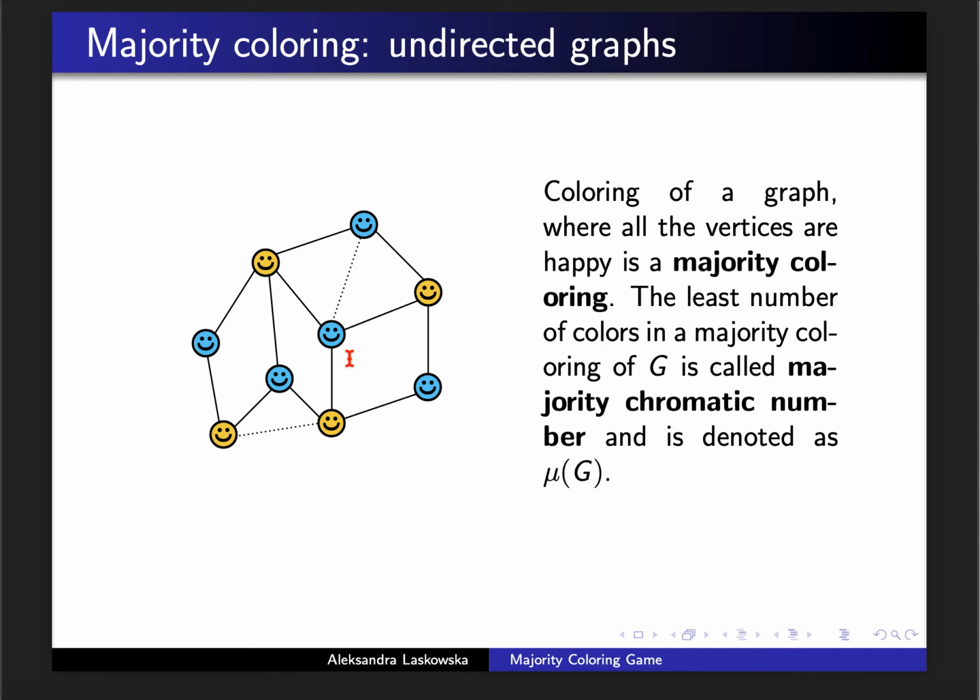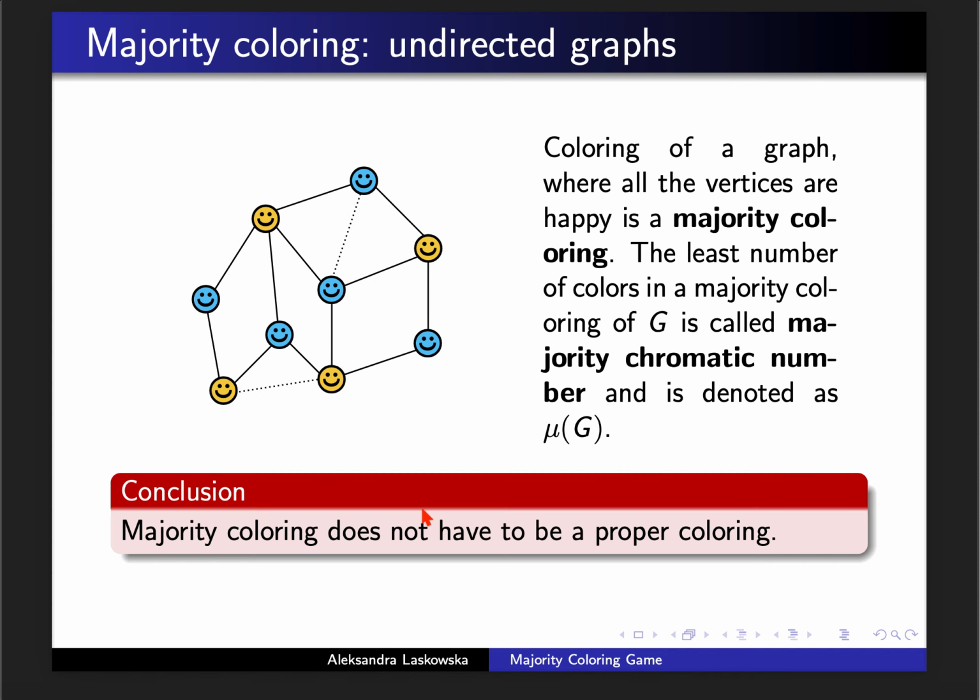So we can just change the color, and now we obtained a happy face. So our coloring is majority coloring. And please note that there are still some bad edges here, but it is completely fine with majority coloring because it is simply not proper coloring.